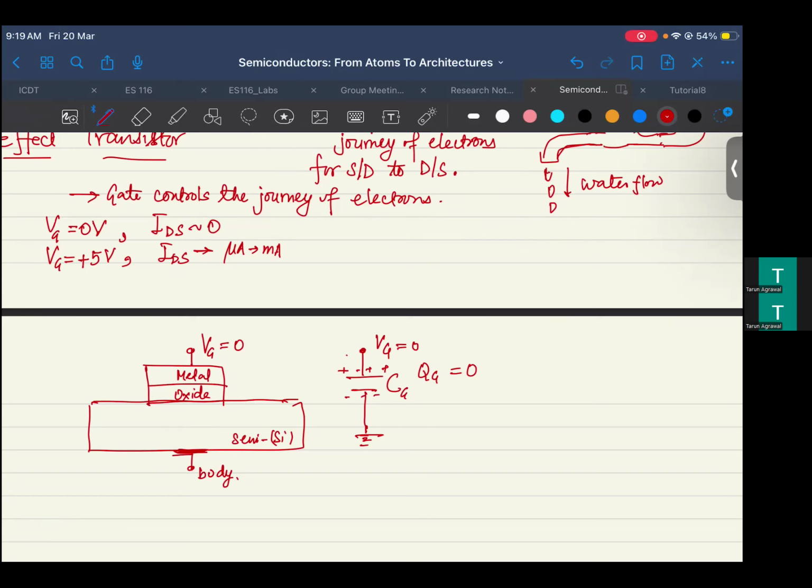Similarly here, when VG equals 0, there is no charge you are going to get unless there is already some charge in the semiconductor, which could be there. Conventionally, these devices we were building with had a semiconductor which already had some positive charge.